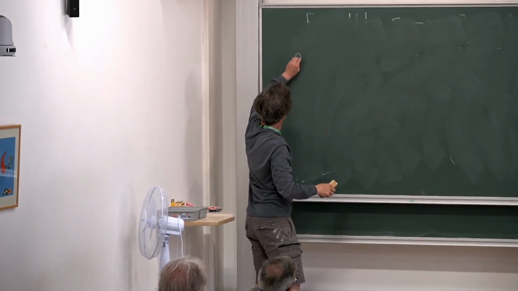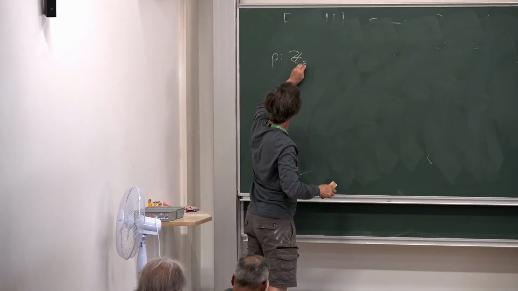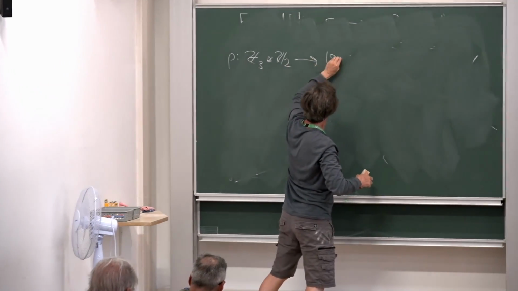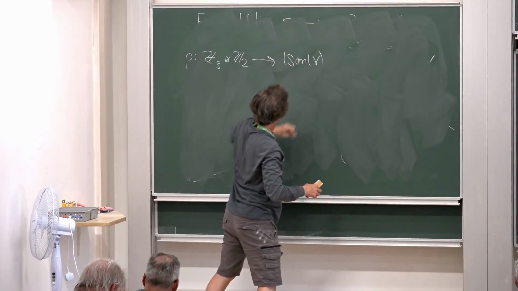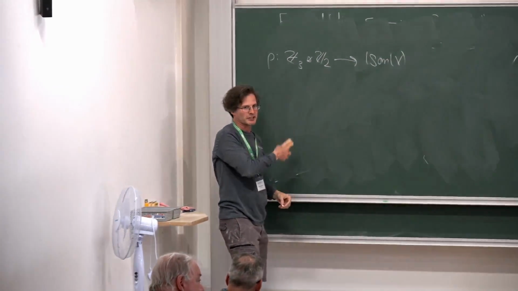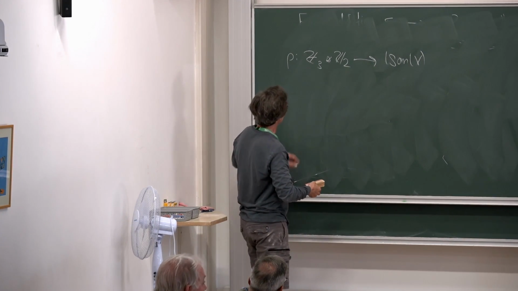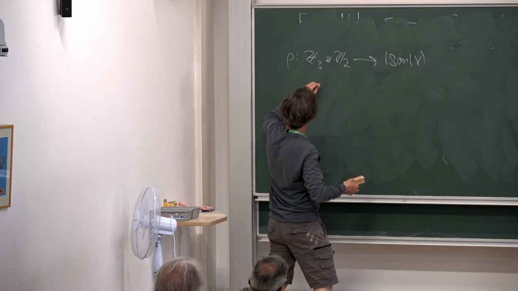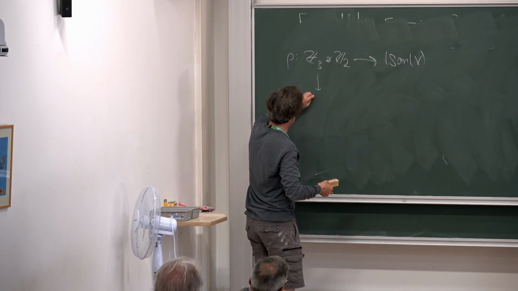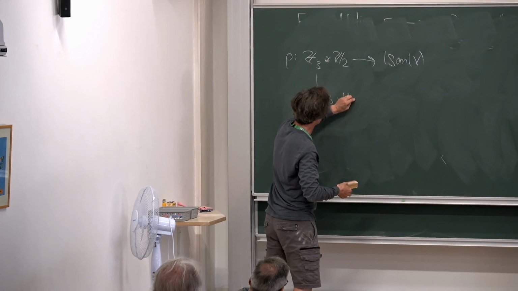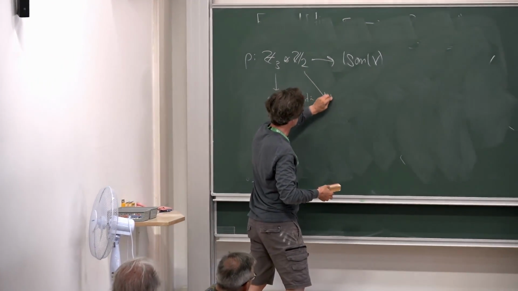So you're looking at rho; this is your space, and you look at it modulo conjugation. It turns out it's a three-dimensional space. Well, the Z mod 3 element goes to an order 3 rotation, and this one goes to a point reflection.